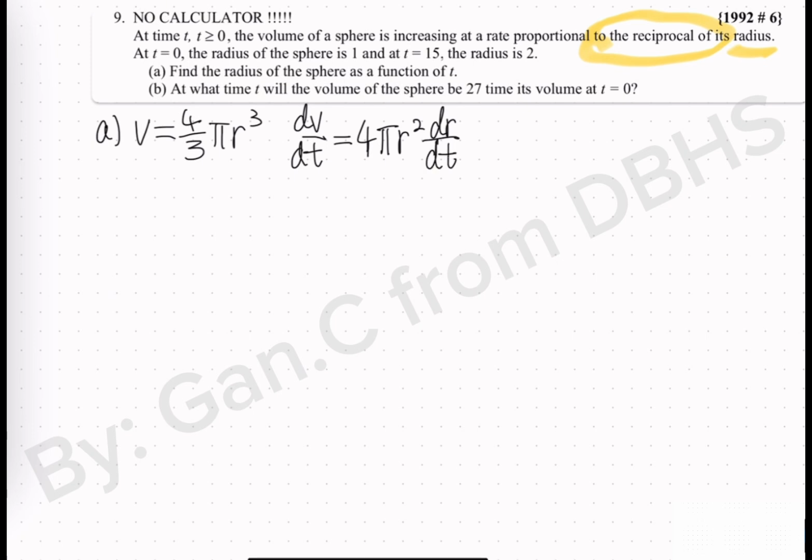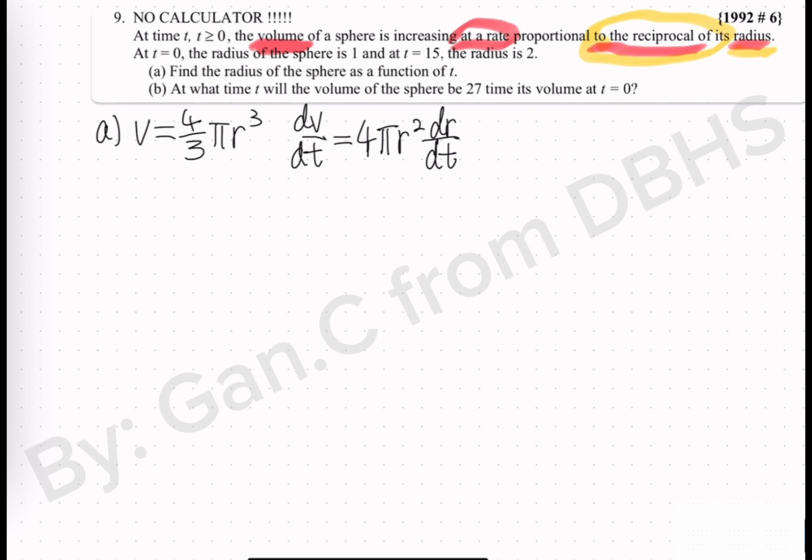Then we know that the rate of the volume is proportional to the reciprocal of the radius. In your Algebra 2 class, do you still remember what proportional means?